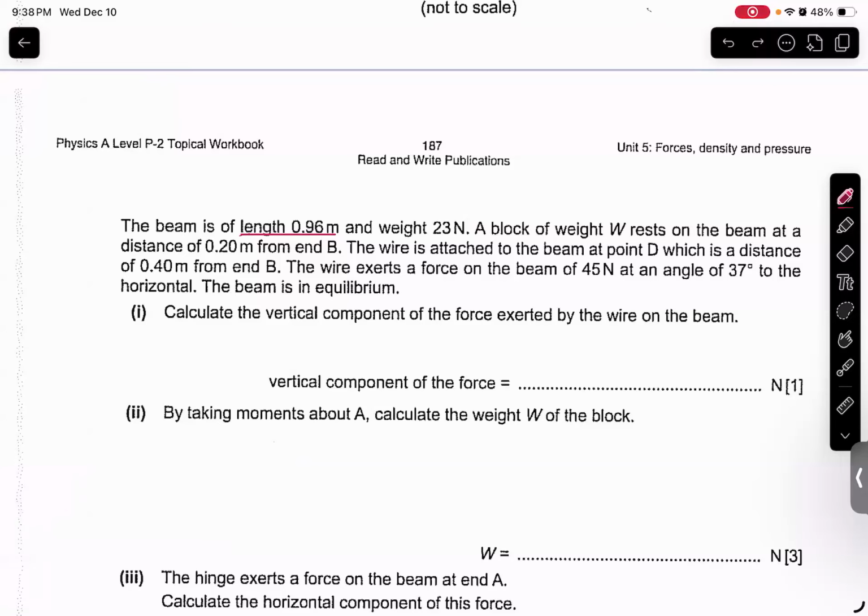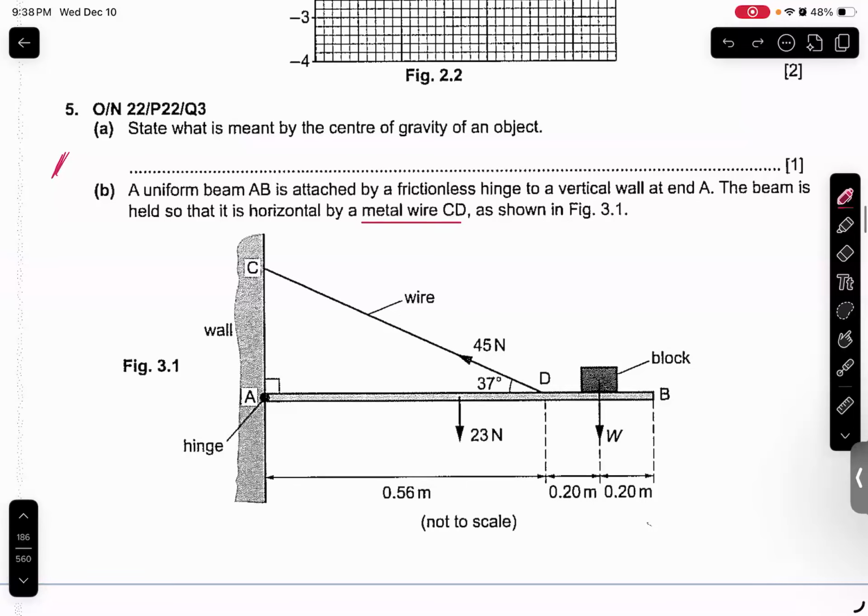Calculate the vertical component of the force exerted by the wire on the beam. Pretty simple. The vertical component is going to be 45 sin 37, because the other component is going to be 45 cos 37. So 45 sin 37.